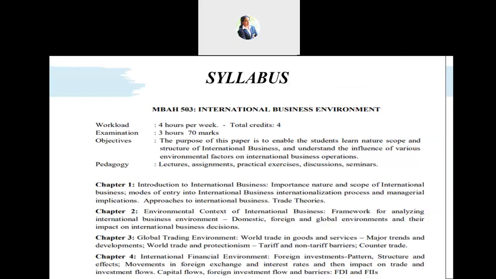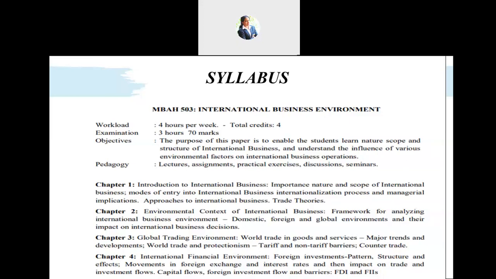You'll also learn the different ways in which you can set up your organization on a large scale or in different countries, or in simple words, how you can make your market for your organization in a world scenario.